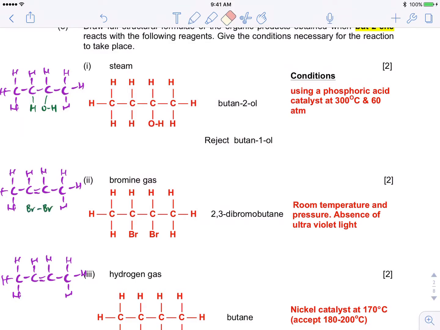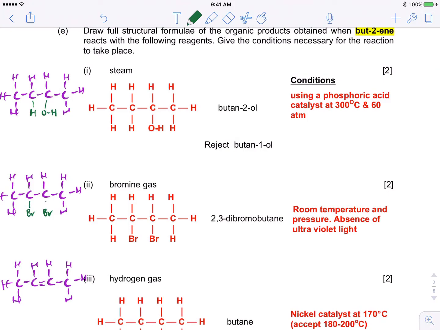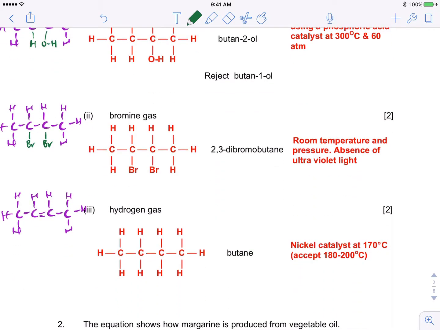Okay, what will happen is this double bond will break, this bond between bromines will break, and it will form these 2 new bonds. So you always draw the original in pencil, you erase the double bond, and you add whatever across that double bond. Okay, and it should be clear to you that the product is this 2,3-dibromobutane.